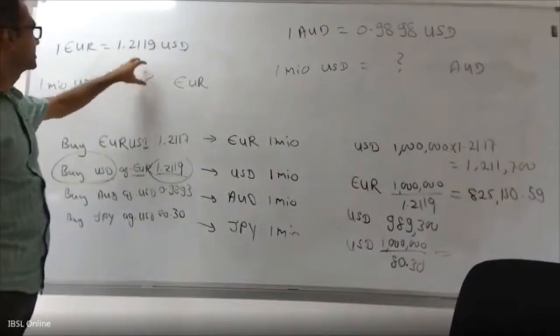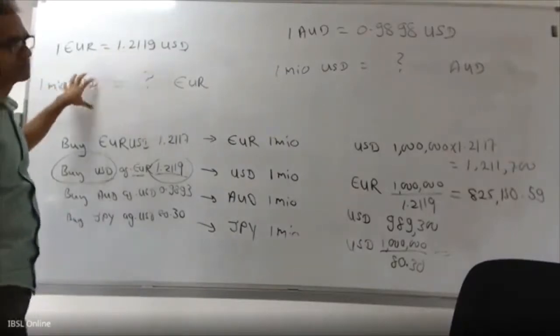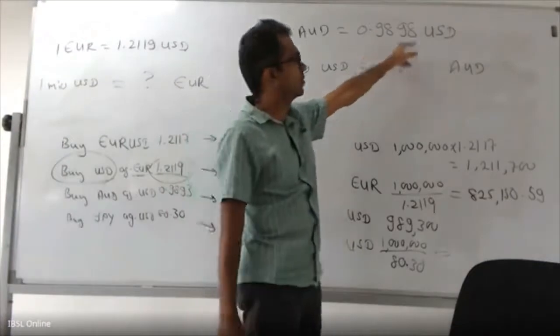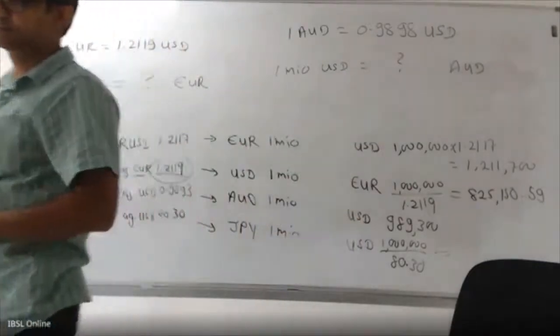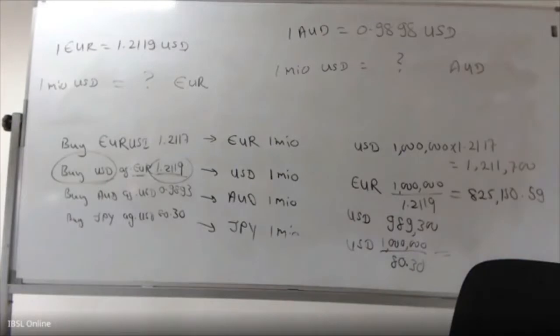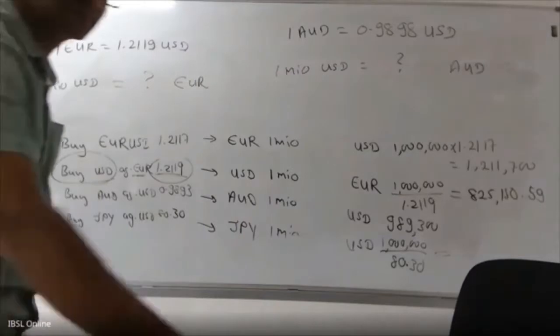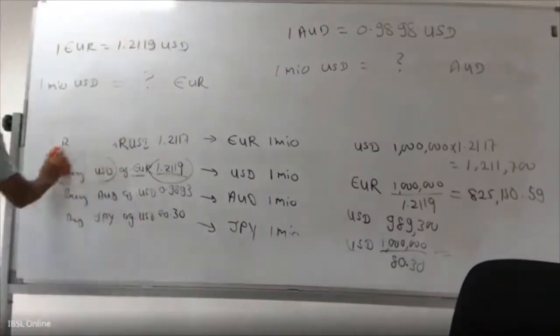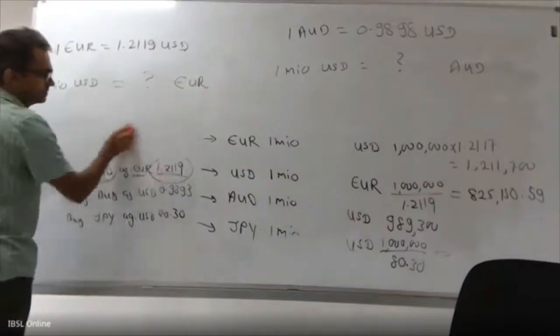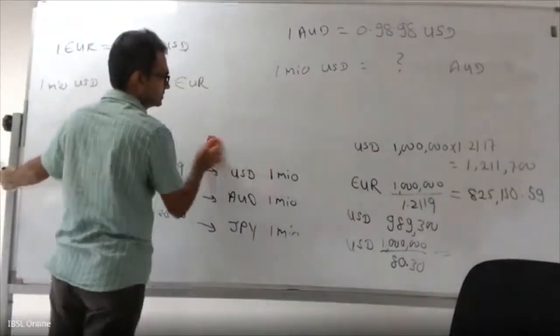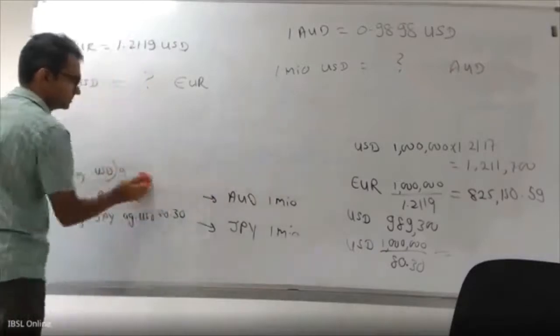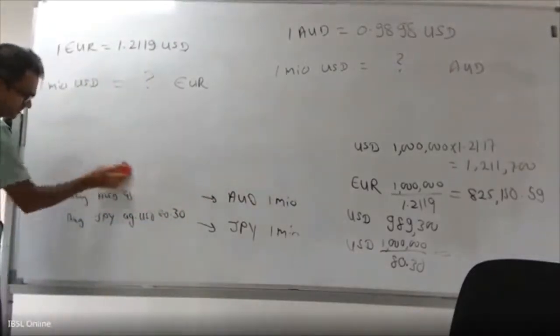Someone said that since this is high, you divide. So here, this is low. What do you do? So if it is the counter currency, we have to divide. If it is the base currency, we have to multiply.